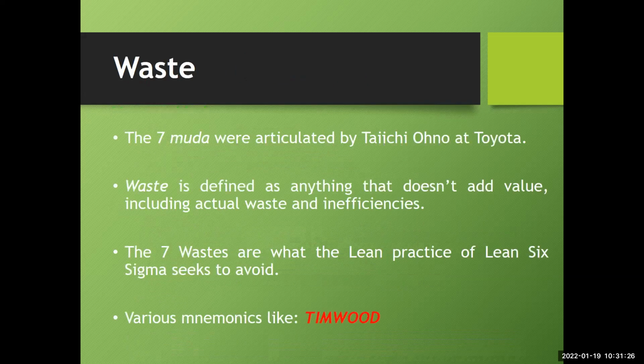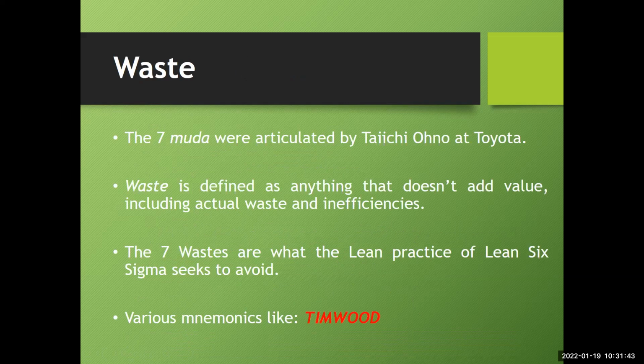So seven wastes have been identified and proposed by the lean concept. What do these seven wastes say? They are seven kinds of things that produce waste.